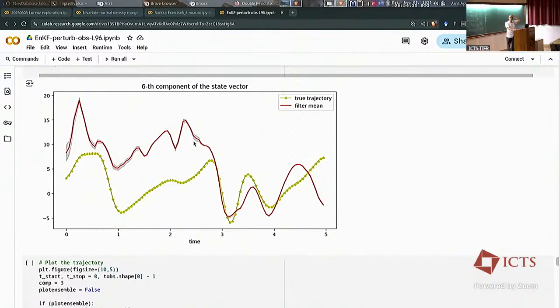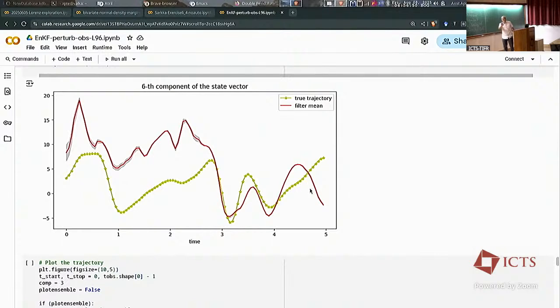So the covariance, or in this case, the standard deviation of the filter will decrease because of the design of the filter, but it does not come close to the truth. So this is overconfident but completely wrong. And at all costs, avoid doing that ever in your life.